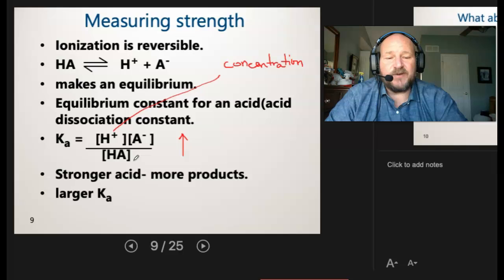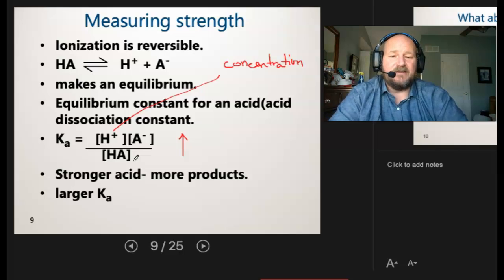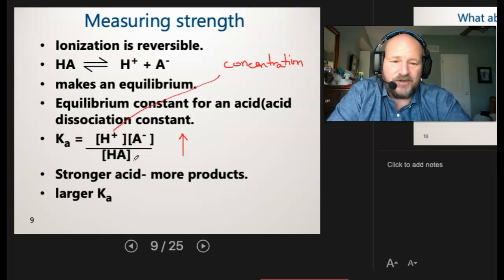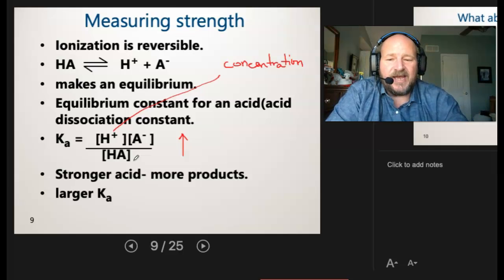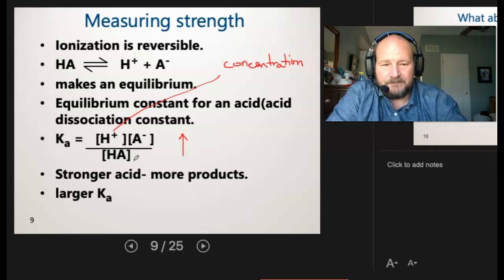Okay, so it's taking into account all three things. And then we tabulate that. So we have a whole list of concentrations of 1 molar acids, and it tells us what the Ka is. And that tells me how strong the acid is, right? The larger that Ka, the more products it's going to make, the stronger it's going to be.